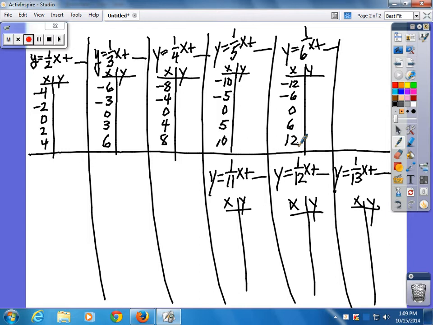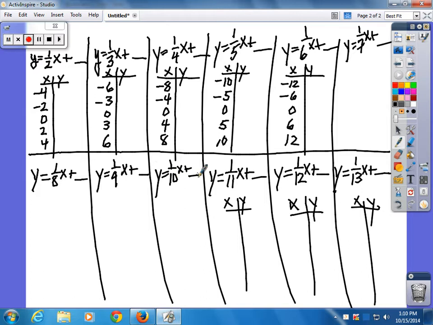I'm not going to do them, but this one will be y is equal to 1/7 x plus blank, y is equal to 1/8 x plus blank, 1/9 x plus blank, 1/10 x plus blank.